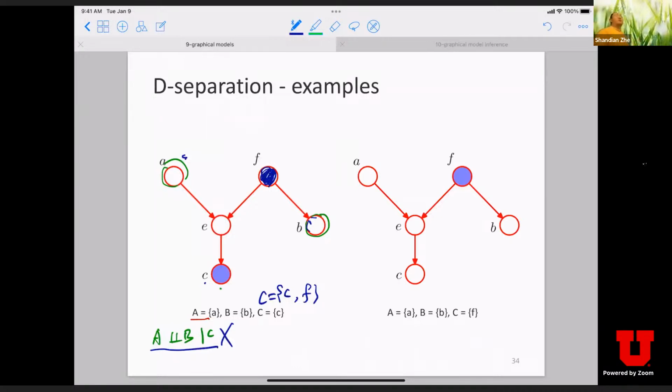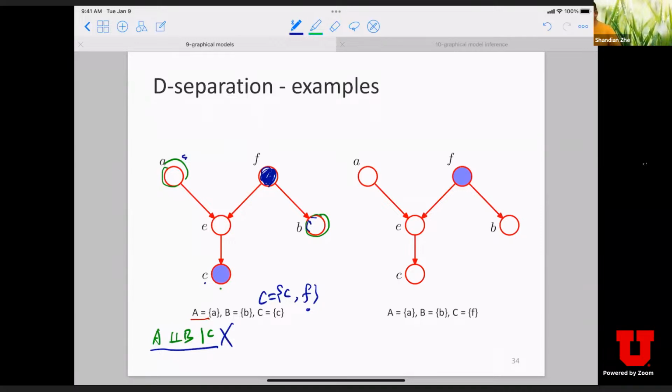Again, we just run an algorithm, right? As we said, if there is any path where your ball can go through, that means the conditional independence does not hold. So let's see if our ball, by conditioning on the additional variable F, can go through.